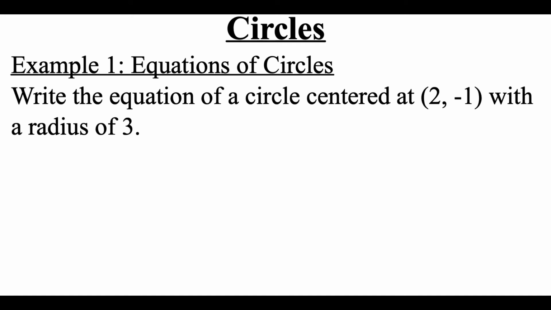So in this first example, we're told that we've got a circle centered at the point (2, -1) with a radius of 3, and we want to write out its equation. So again, that standard form is (x - h)² + (y - k)² = r². As far as h and k, we get that information from our center point.